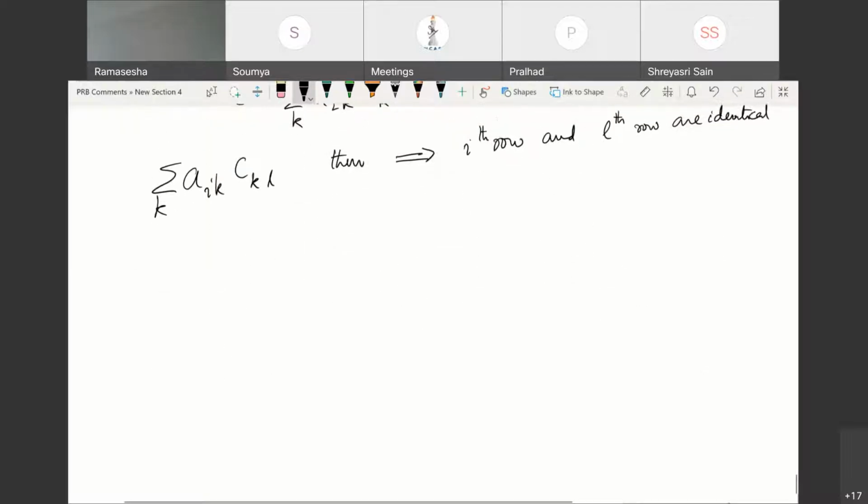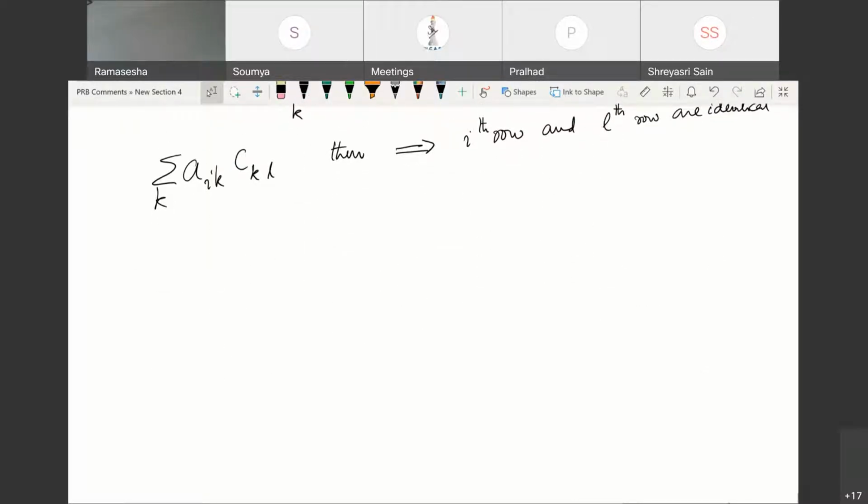Okay, so this is one proof that I have, that is sigma over K of AIK CKL is equal to sigma over K of AKI CLK is equal to determinant A times delta IL.